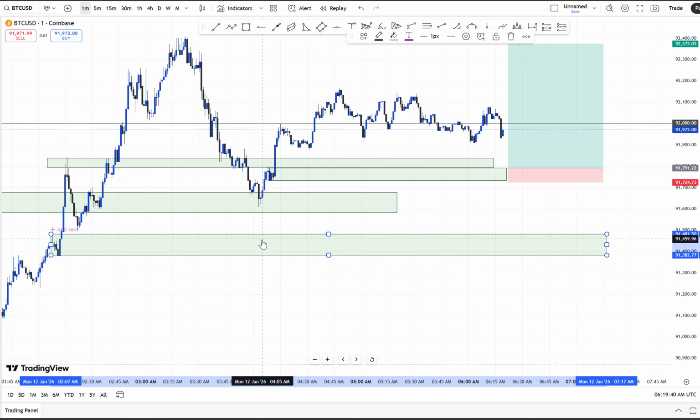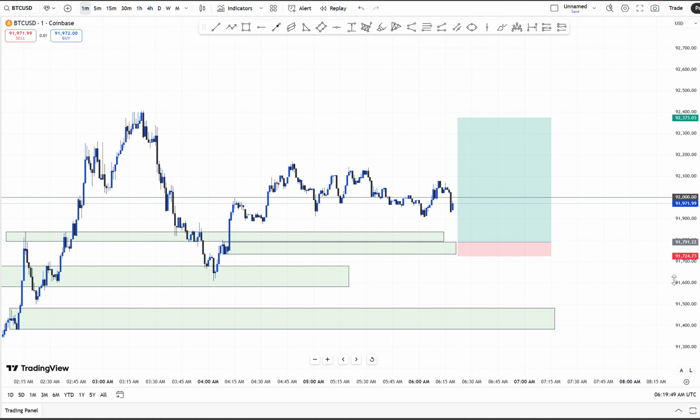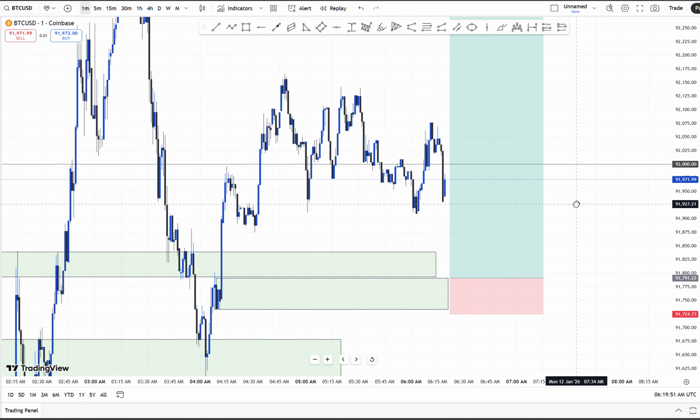But I believe we are not going to take out this one. If we take out this low, then we should probably be looking out for sales.